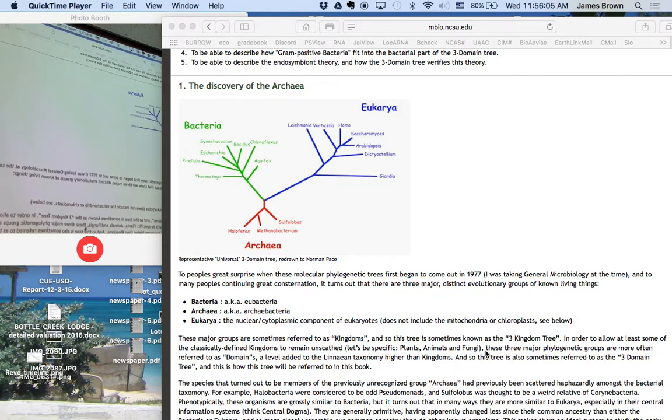I think it'd be very interesting to see what kind of creatures exist down in this part of the tree. The reality is that probably the eukaryotes, as a large group, are less well understood than either the bacteria or even the archaea. There's a lot of diversity in here that we don't know very much about.